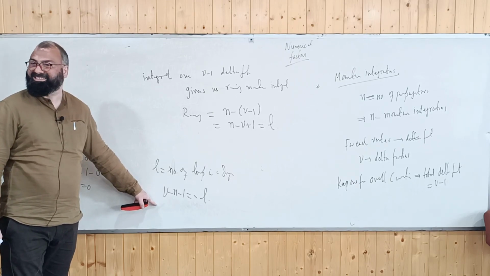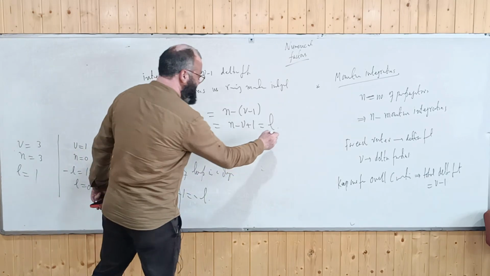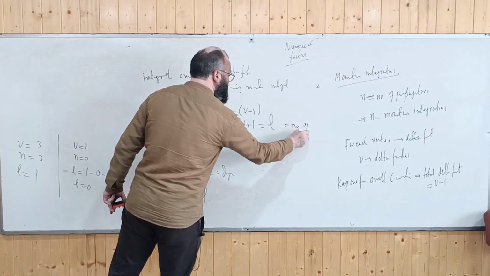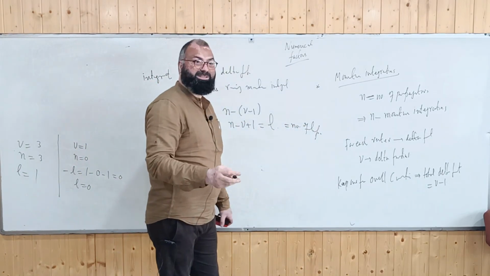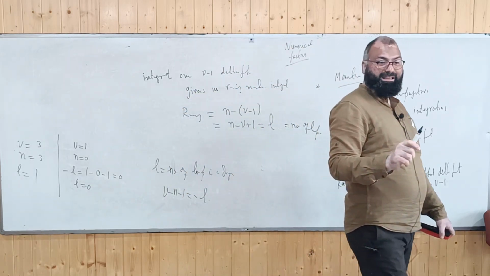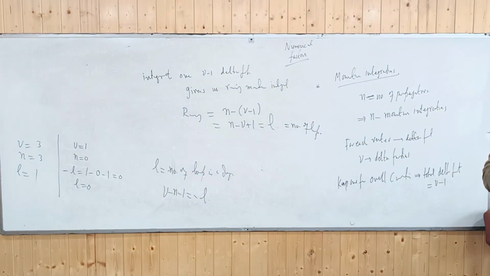So how many momentum integrations are there? The number of loops, L, is equal to the number of momentum integrations. We have considered only one loop, so one momentum integration. Now what is the overall factor?